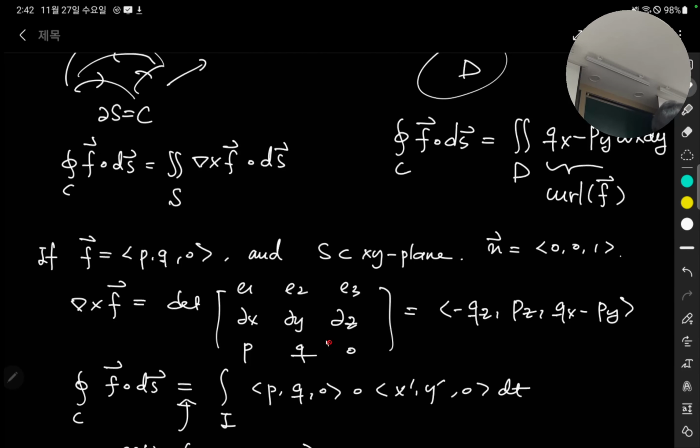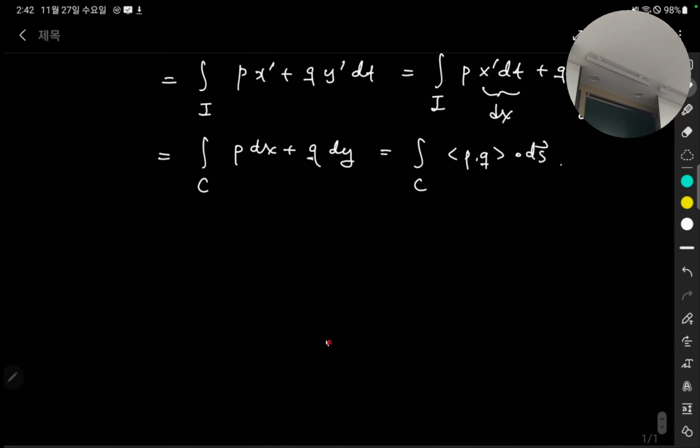We already computed the curl, so I'm going to put that in the equation.